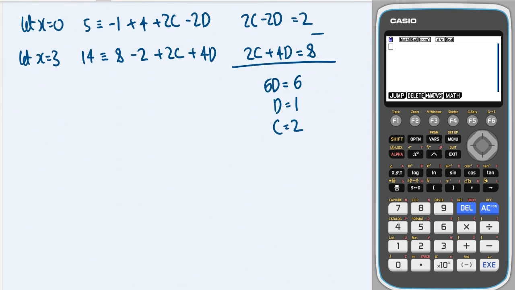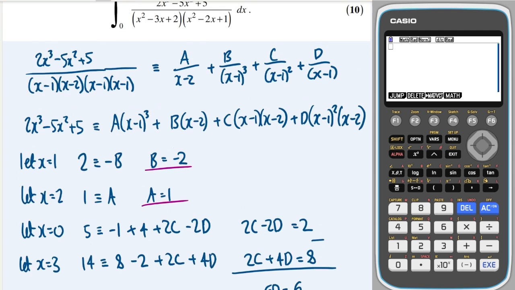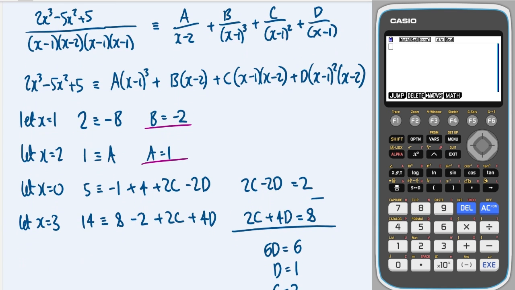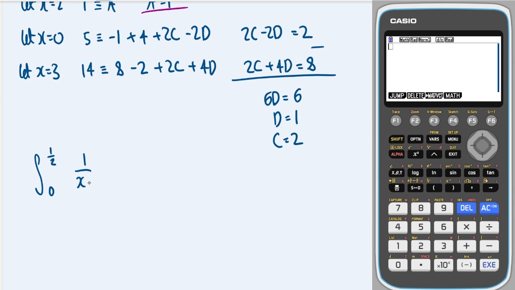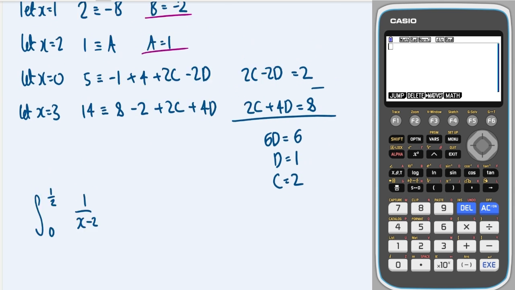Okay, right, now over to our integration. So let's set it up. So it's the integral between minus 1/2 and 0 of, a is 1, so 1 over x minus 2.